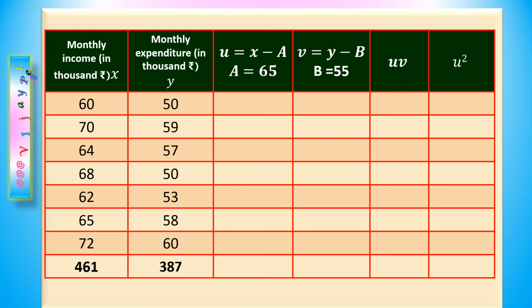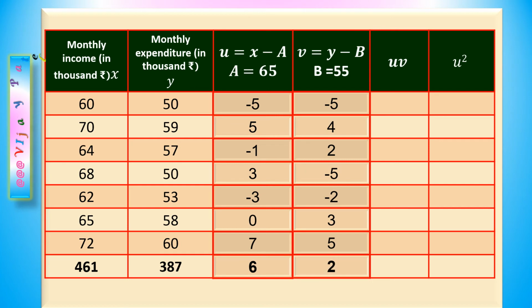Now all the observations of variable x are subtracted from 65, so we'll get minus 5, 5, minus 1, 3, minus 3, 0 and 7. Total is 6. Now all the observations of variable y are subtracted from 55. Minus 5, 4, 2, minus 5, minus 2, 3, 5.